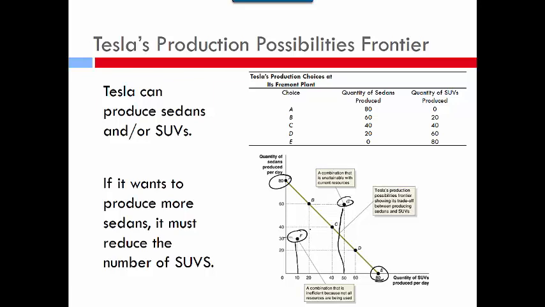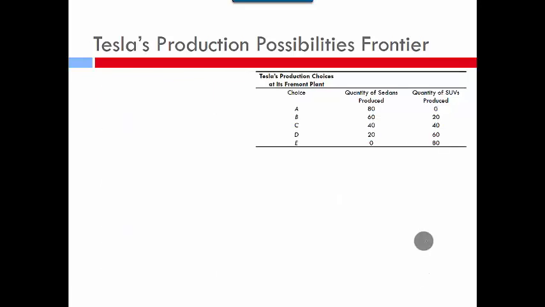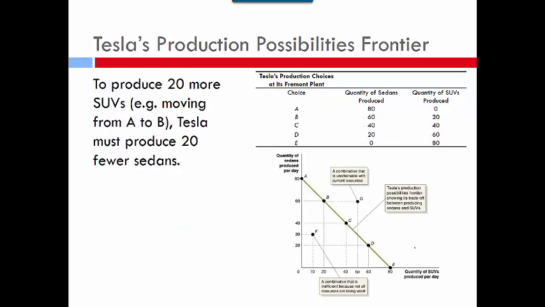It also shows us what they would have to give up, okay? So let's say they are currently producing here at point B, okay? So they are making 60 sedans and 20 SUVs. If they want to make 20 more SUVs, okay, they want to go from 20 to 40, that would move them to this point, and so they would have to give up 20 sedans to do it.